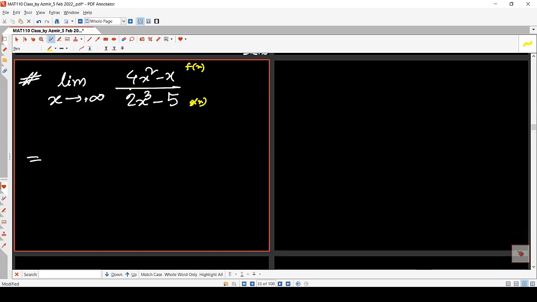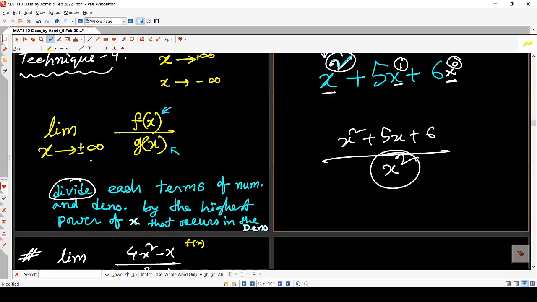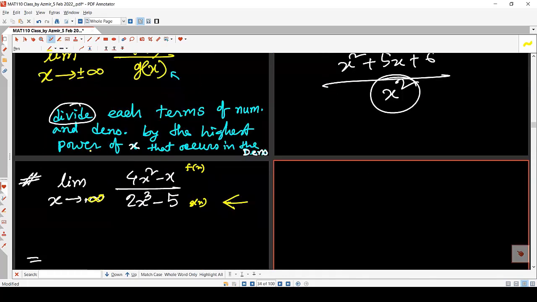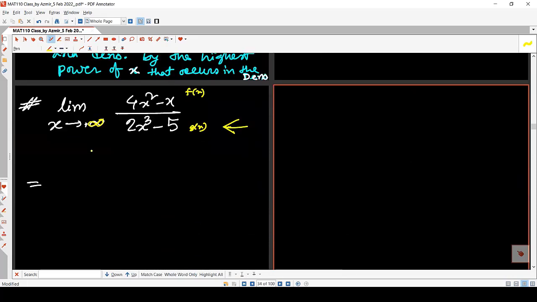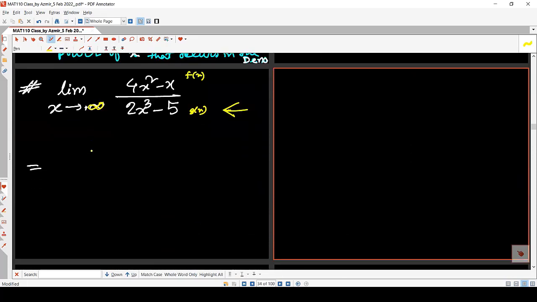So we have to focus on the denominator. Since we have infinity, this technique says that if we have plus infinity or minus infinity, we have to divide by the highest power of x that occurs in the denominator. So in the denominator, we have 2x cubed negative 5. So which one is the highest power of x?